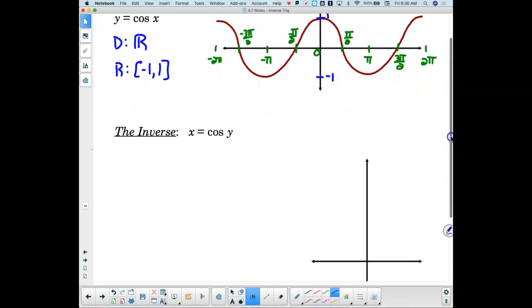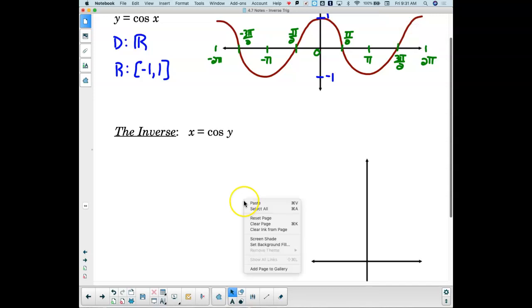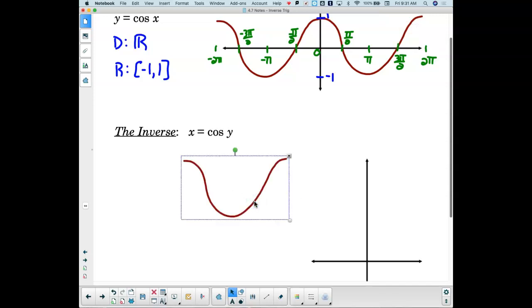So I'm going to see if I can leave it right there because I want to go first lap. Okay? So regular cosine was at the point 0, +1. Correct? So then that means that inverse cosine is going to start at, there it is.